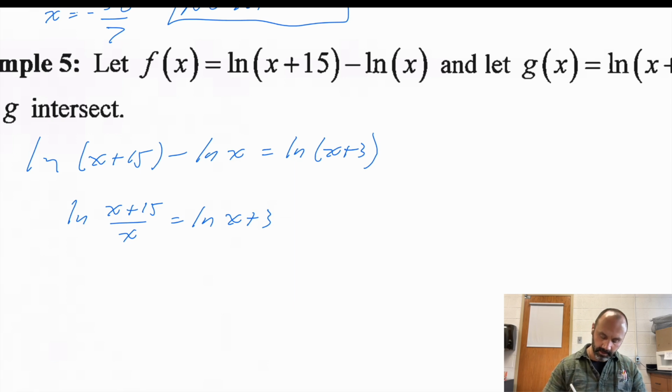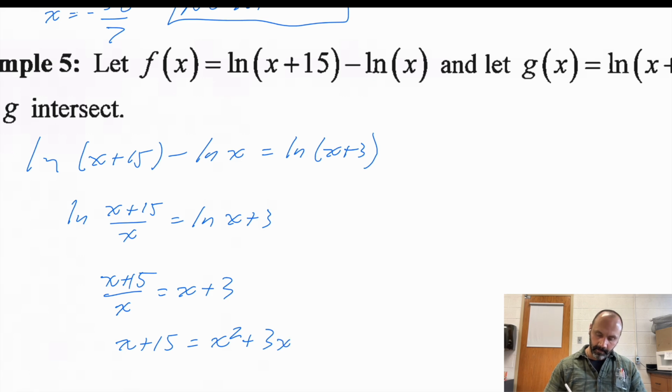And now I set the expressions equal to each other because it's the same base. So x plus 15 over x equals x plus 3. So x plus 15 equals x squared plus 3x. So this is going to be 0 equals x squared plus 2x minus 15.